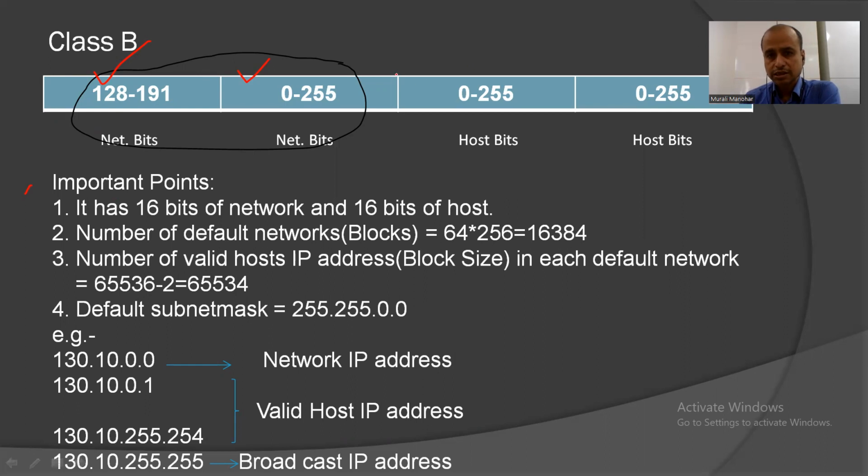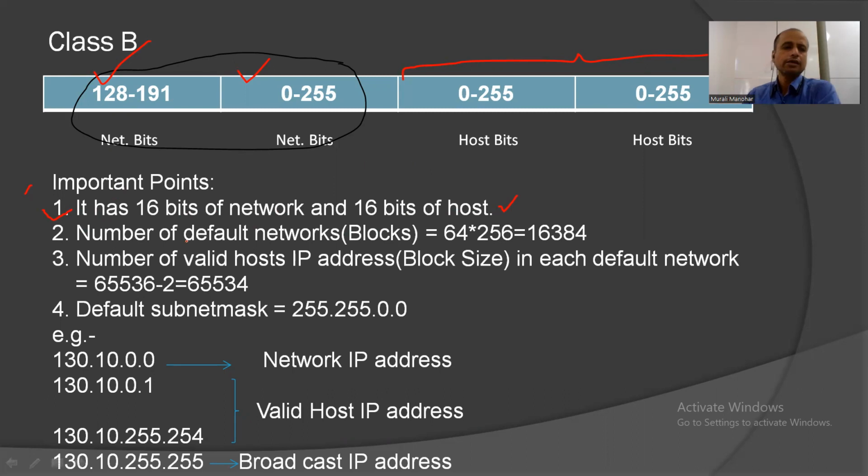The rest 16 bits, because IPv4 is formed with the help of 32 bits, will be used for the host to form hosts in a network. That's why I have written here that in class B, it has 16 bits of network and 16 bits of host. It means there are a total of 32 bits.